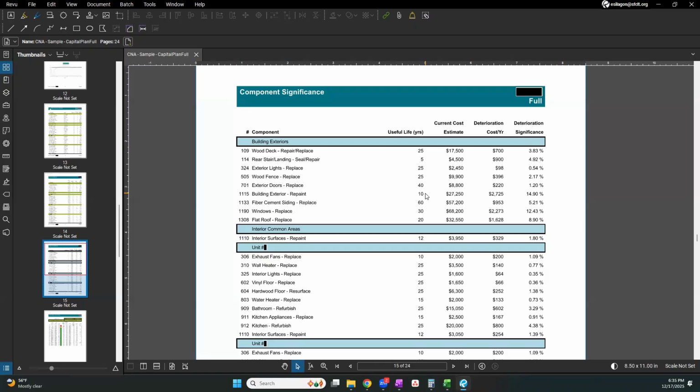So if I have a property that is underfunded and I'm making a plan for the next couple of years, I might put a small amount into my operating budget for proactive maintenance and try to extend the useful life of the exterior paint for another couple of years because I know it's such a big chunk of money for me.